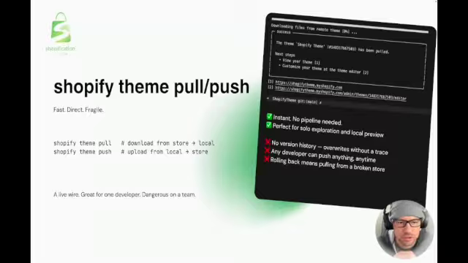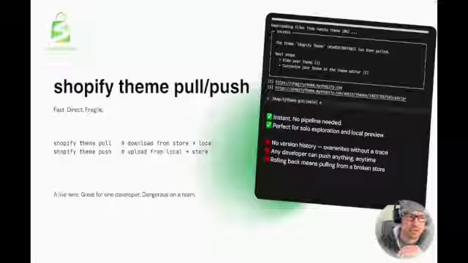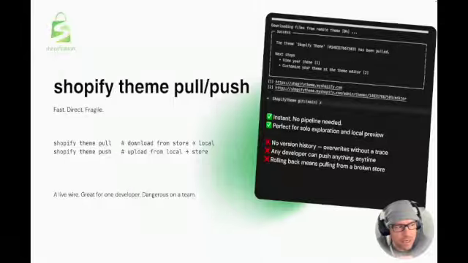It's all great. And then to push it back up, similar command, Shopify theme push. And that puts the local state onto the live site. It's really easy, really fast, instant, no pipeline needed.